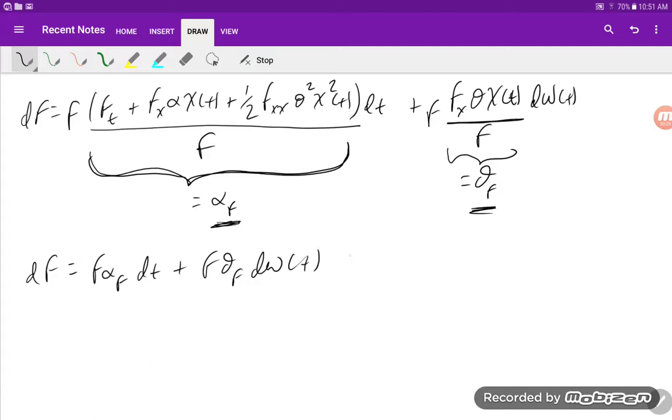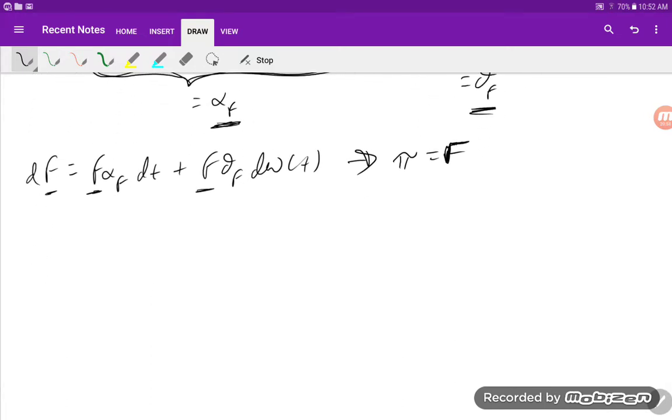Now, if you remember in the beginning, we said f is our pricing function, and we said think of that as pi. So filling in the f's with pi, and then dividing everything by pi, we can then say that d pi over pi equals alpha subscript f dt plus sigma subscript f dWt.